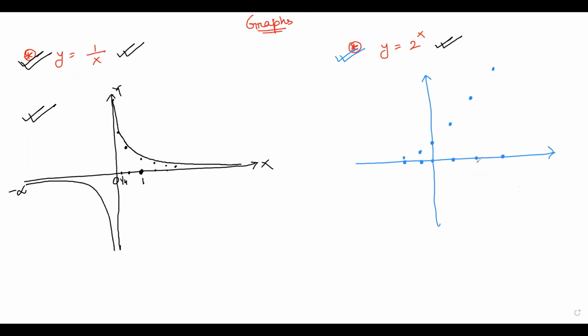And if we keep on increasing the value of x to the right side of the origin, the value of y will keep on increasing. Now, if we join all these points, we'd be getting this graph. So the rough sketch for y equals to 2 raised to power x would be this graph. So in this way, we can plot the graph for such kind of functions.